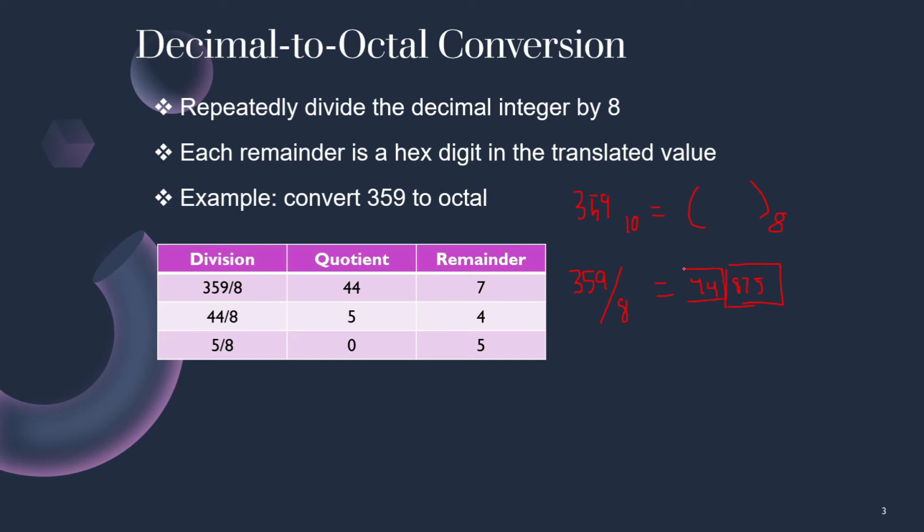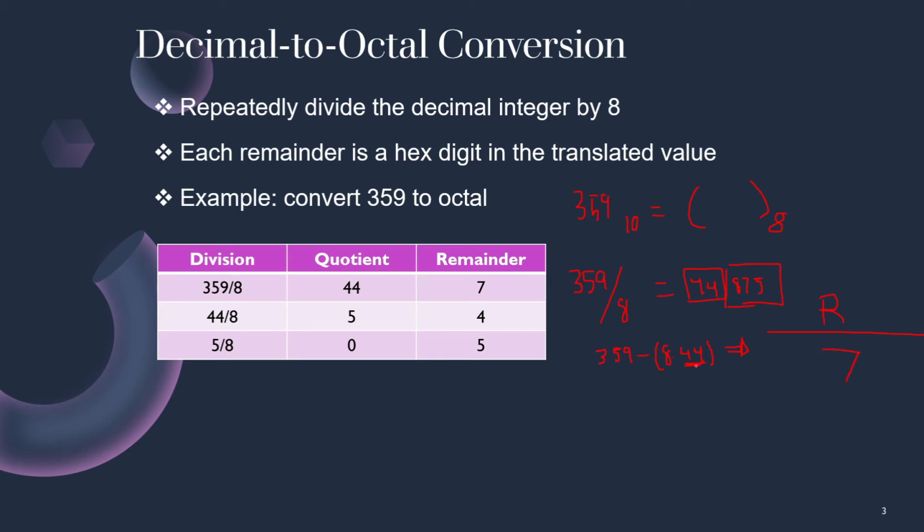We want to keep the 44, and we want to figure out what's 359 minus 8 times 44. It'll give us the digit that we care about. We care about the remainders. So 359 minus 8 times 44 is 7. So the remainder is 7.